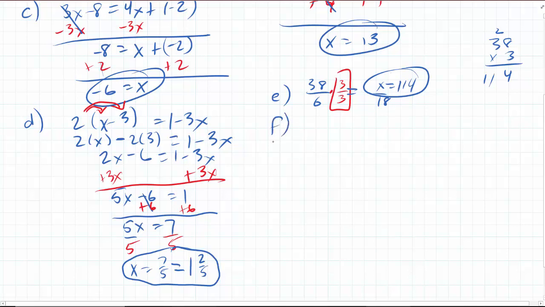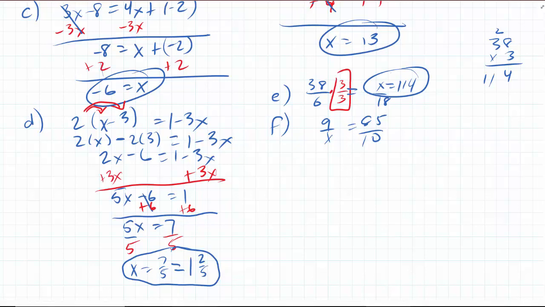Okay, and finally for F, we have 9 over x equals 85 over 10. There's a lot of strategies we could use here. Let's go ahead and use cross multiplication.